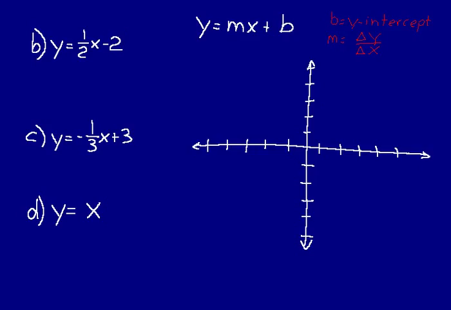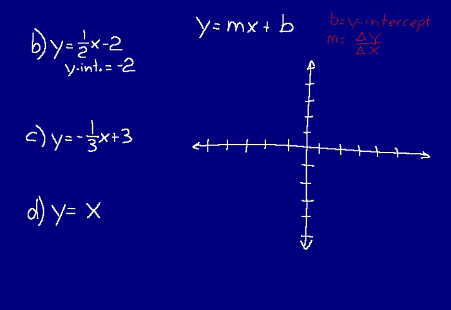Okay, so the first one, y equals 1/2 x minus 2. Remember, we always start with our y-intercept, and let's just go ahead and write down what it is. y-intercept, int period, that's going to equal -2. That's where this line will cross the y-axis.